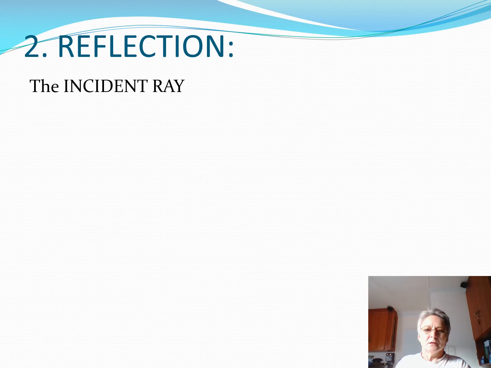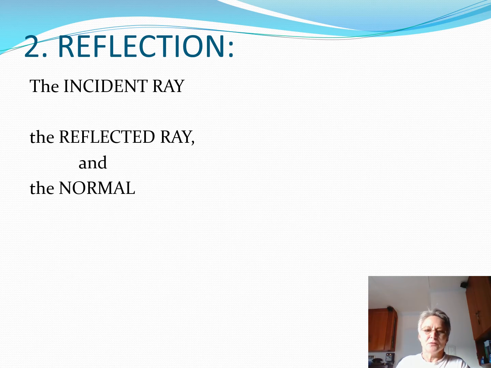Now, with reflection, you need an incident ray. There will be a reflected ray, and there is a normal. The normal is usually the perpendicular line to the surface of the reflecting medium.